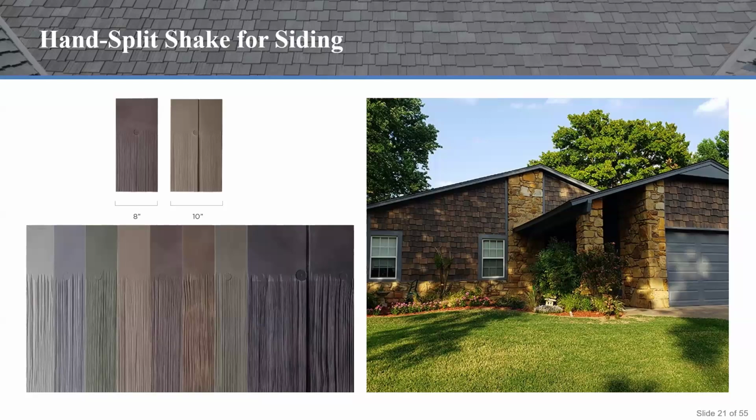Very similar to the installation process if you were to side a home with natural cedar or even a composite, or not a composite, but a fiber cement type shake products. The advantage here, of course, is virtually no maintenance, great looks that are going to last for a very long time, high warranty, high performance. Okay.